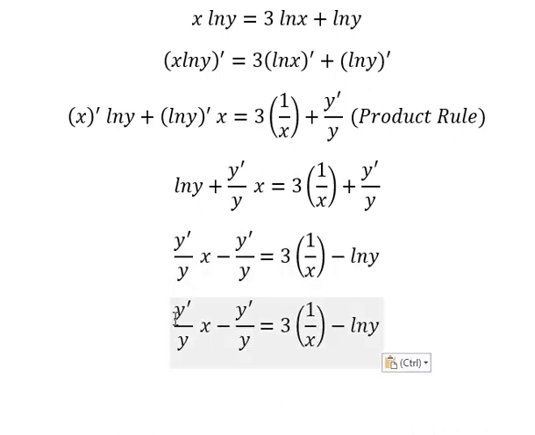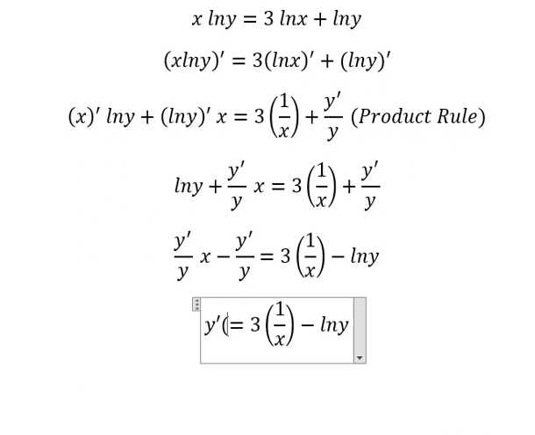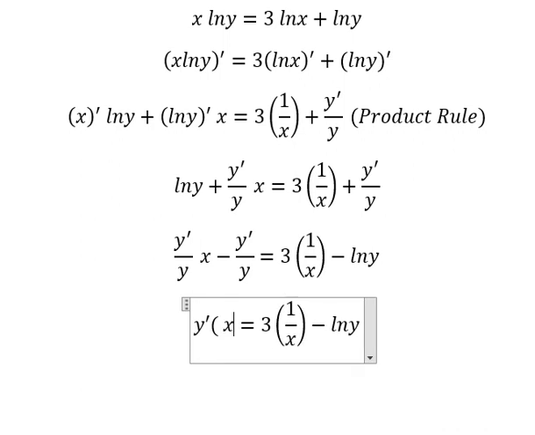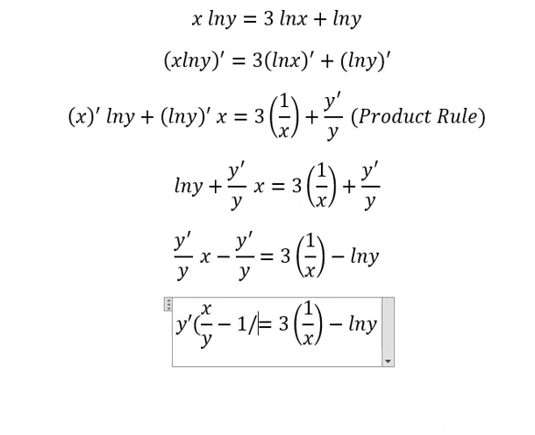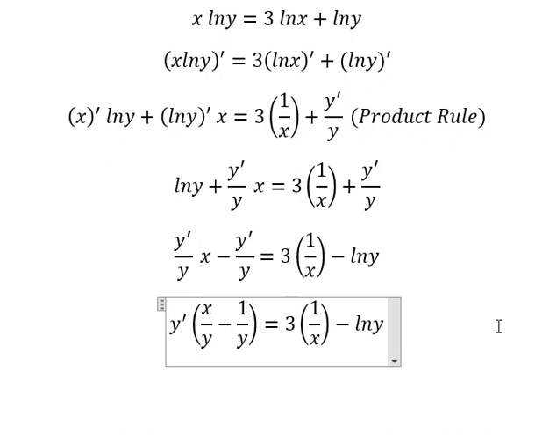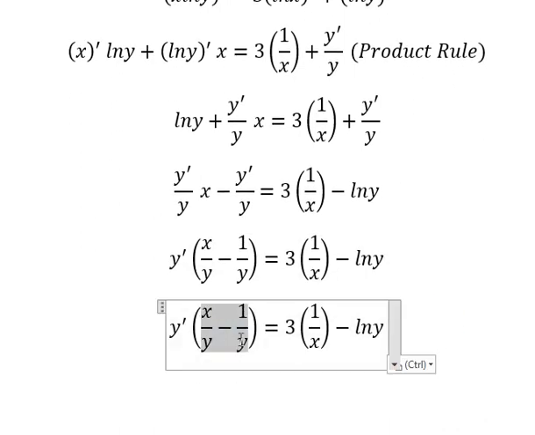Next, we can do factorization by y with the first derivative of y. Now, we divide both sides by this one.